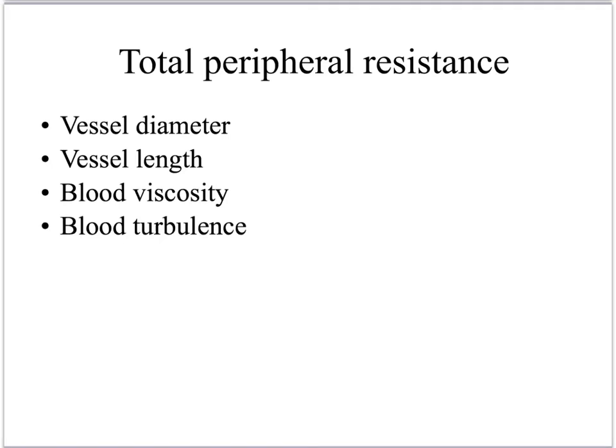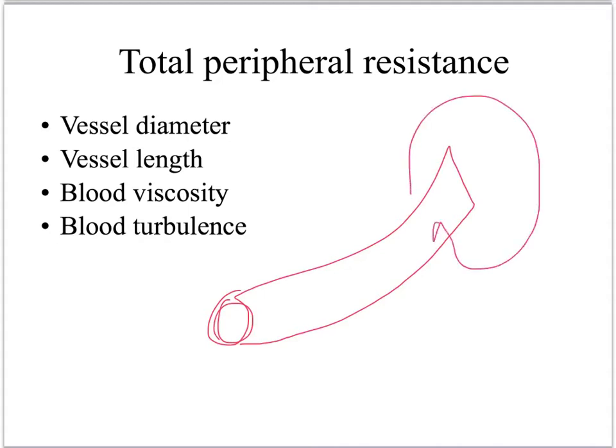A few things to think about contributing to total peripheral resistance, and I always use the example of a water hose. Try to picture a water hose instead of a blood vessel. So picture a water hose with a really wide diameter.